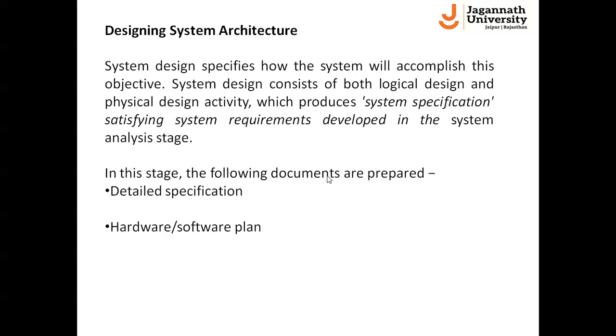In this stage, the following documents are prepared: detailed specification, hardware and software plan. So, in the designing phase, the system development life cycle contains the SRS model where the system requirement specification should be done in detailed form, and hardware and software requirements are specified in this model.